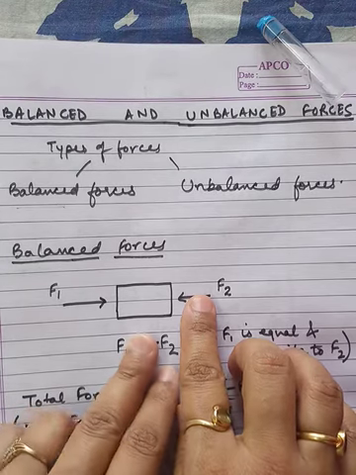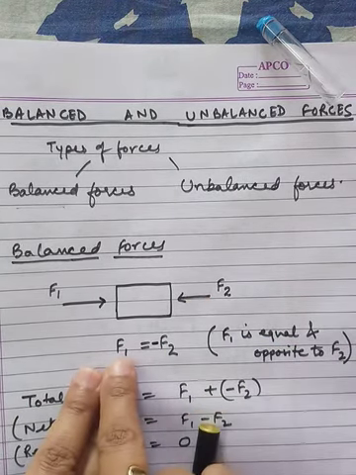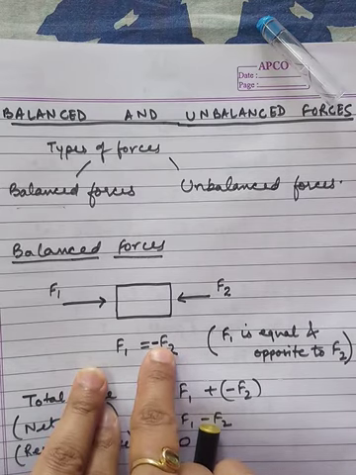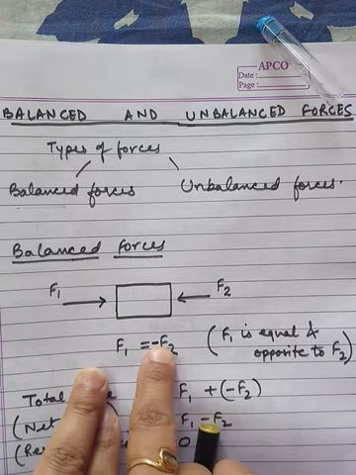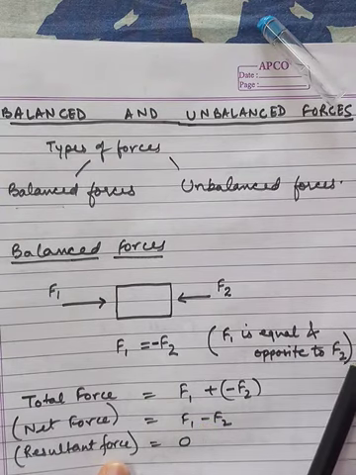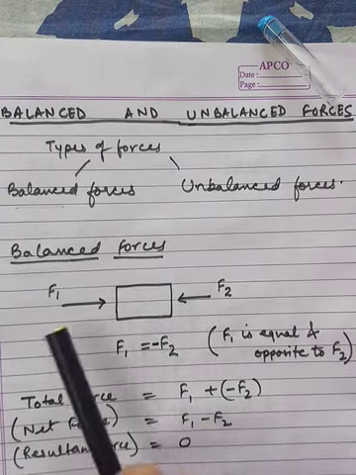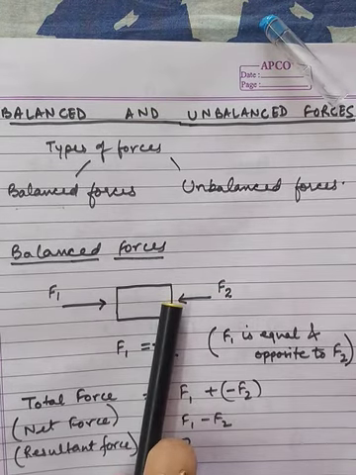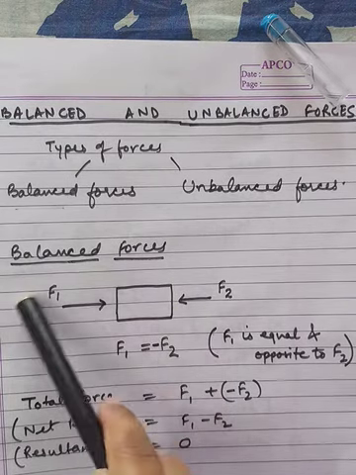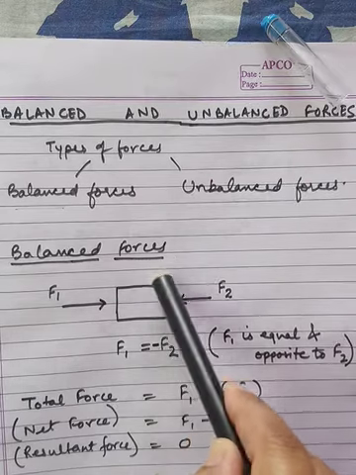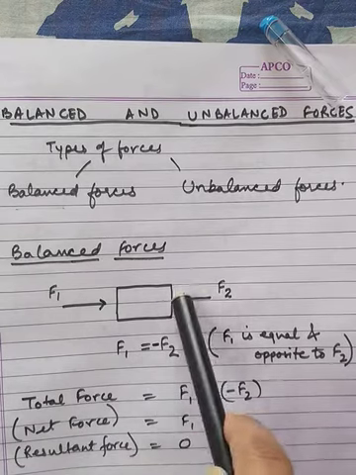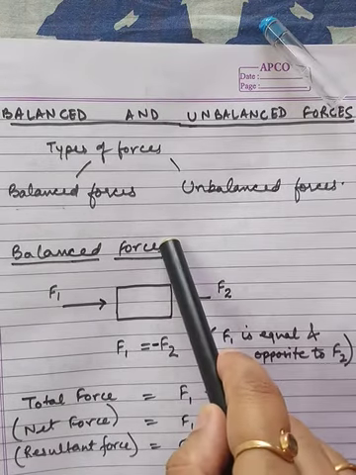So here in mathematical form I have written F1 equal to negative F2, and this negative sign represents the direction of force. That means F1 is equal and opposite to F2. There are two forces which I am considering just for the sake of understanding, but there may be many forces acting in this direction, in the opposite direction, or in other directions.